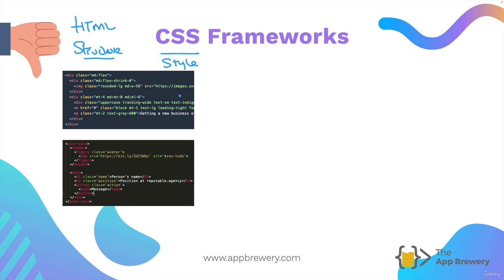Using external CSS frameworks, because we're adding everything into the classes, then very quickly you end up with what's called class bloat, where you have a lot of styling going into the actual HTML file. And it looks a lot less clean than if we had just used something like Grid or Flexbox, where we have all of our predefined classes and we go easy on the classes that we add into our HTML file.